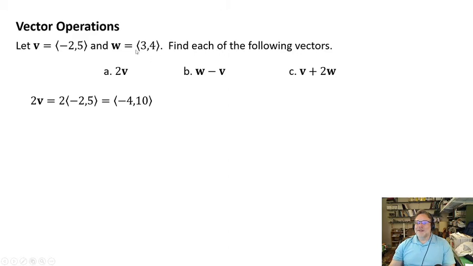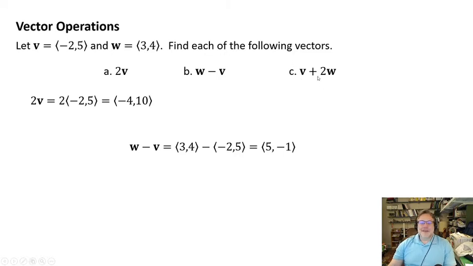Vector w has these components, vector v has these components. When we do that, we subtract off 3 minus -2, that's 3 plus 2, which is 5. 4 minus 5, that's -1. So w minus v is a vector that has these components, 5 and -1.